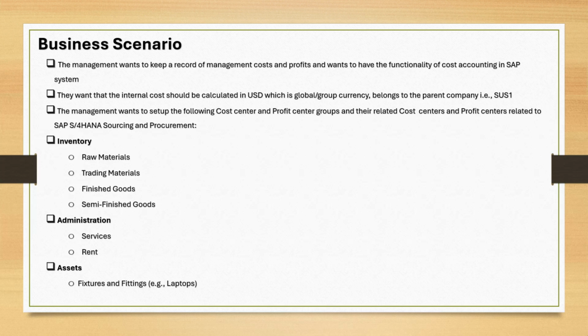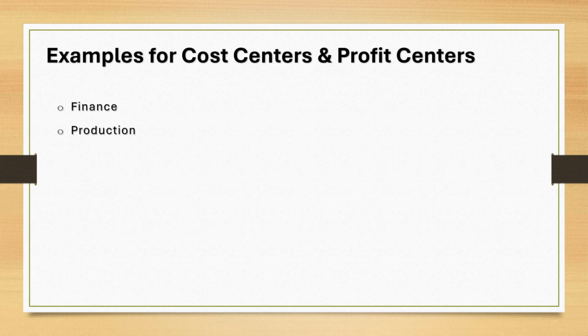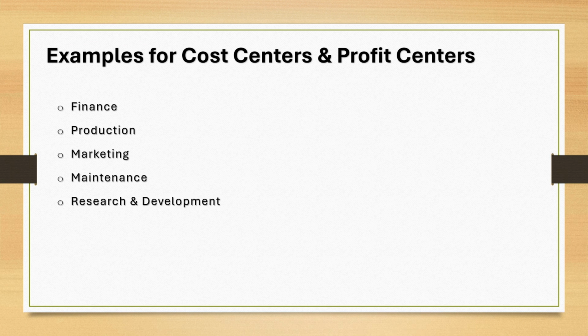But posting into the cost center will only occur when we post the cost through the sourcing and procurement module directly into the cost center by using the account assignment category. Other examples for cost centers and profit centers are finance, production, marketing, maintenance, and research and development, which you will normally see in a live business scenario.